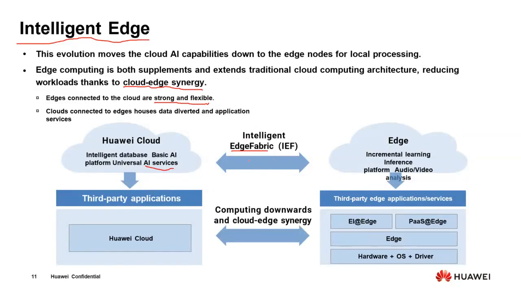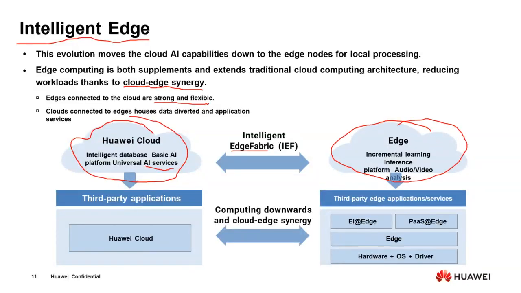So this is how edge computing basically works. Edge fabric is the one that works together with this. Basically they have the Huawei cloud here, and then they have the Huawei edge here. The intelligent edge fabric is basically the mechanism that communicates between the cloud and the edge.